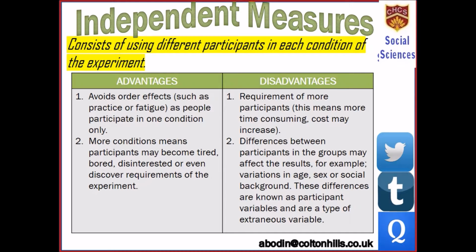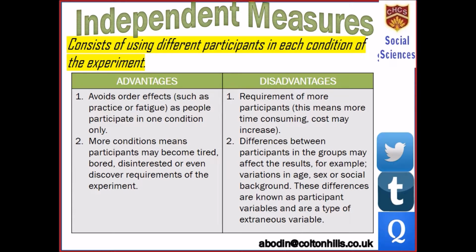In the disadvantages column for independent measures, when we're talking about differences between participants within the groups and how they may affect the results, these are sometimes referred to as individual differences. This is an element of the participant themselves, so be it their age, their sex, their social background, and how this may then influence the research and therefore affect the results.